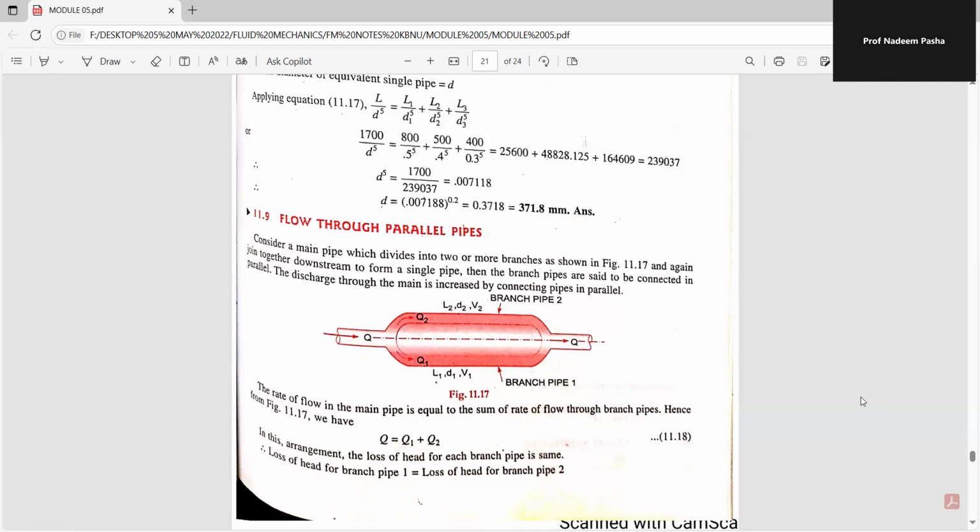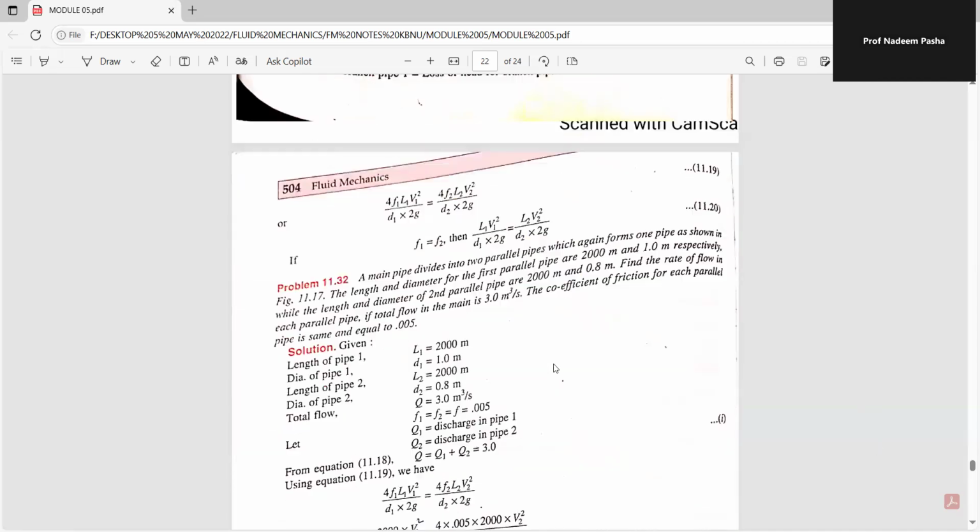We are assuming the loss of head in each pipe connected in parallel is the same. Loss of head due to friction formula is 4F1 L1 V1 square divided by D1 into 2G. Similarly, 4F2 L2 V2 square by D2 into 2G. If we assume that F1 is equal to F2, then the equation changes to L1 V1 square by D1 into 2G is equal to L2 V2 square by D2 into 2G.